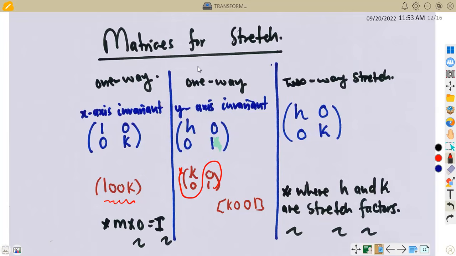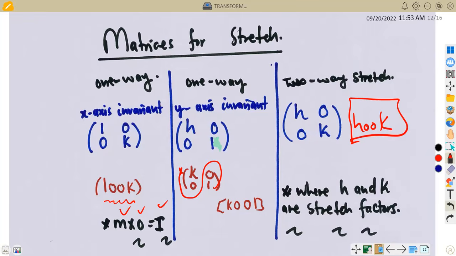That is why I'm using h 0 0 1 like that. Then two-way stretch is going to be h 0 0 k, which you can remember from hook. You can just memorize using these mnemonics. The idea of matrix times object gives image does not change. You're going to use it throughout. I hope this part is clear.